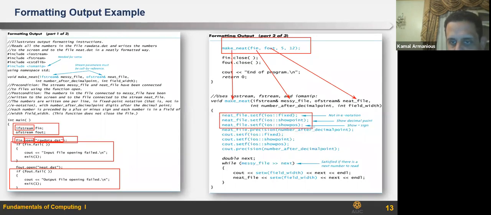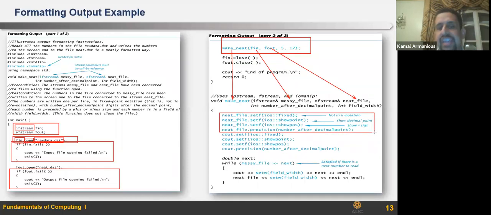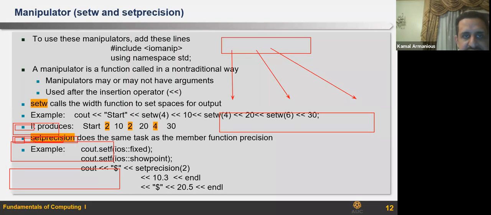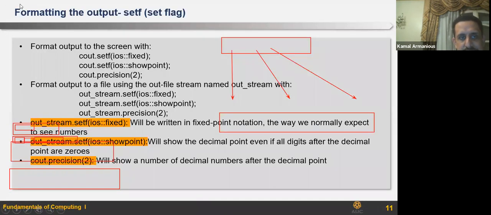Neat file dot setf fixed, showpoint, showpos, and neat file dot precision. This is the same as what we took before with cout.